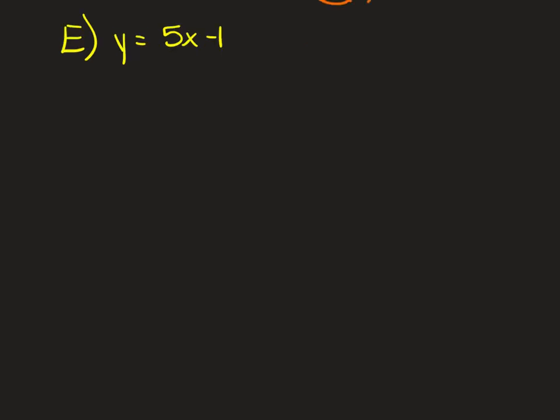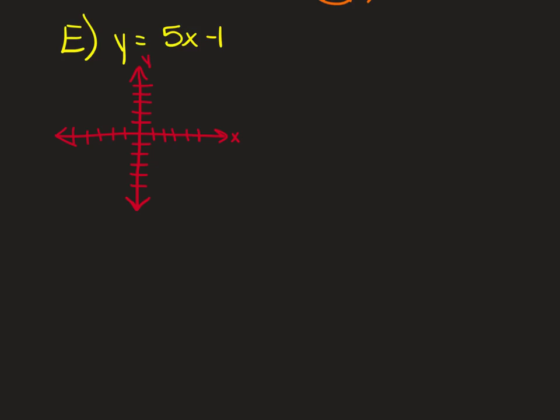Part E, we're given an equation, y equals 5x minus 1. Sometimes the equations are a little difficult to determine because we don't visualize them, so we're going to visualize this by making it into a graph. We know how to graph this equation. It's in slope-intercept form.